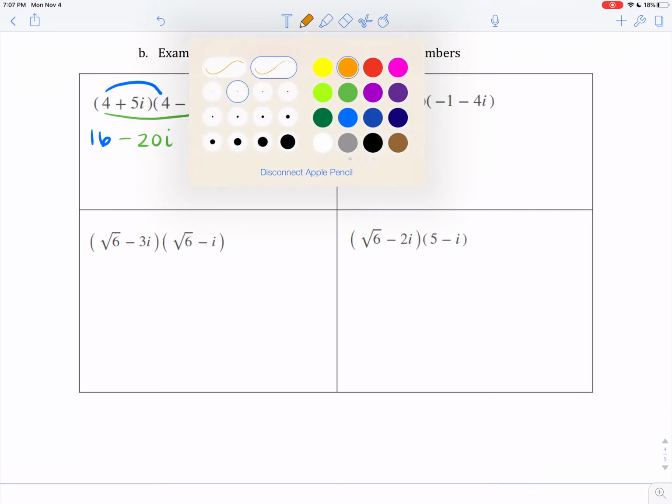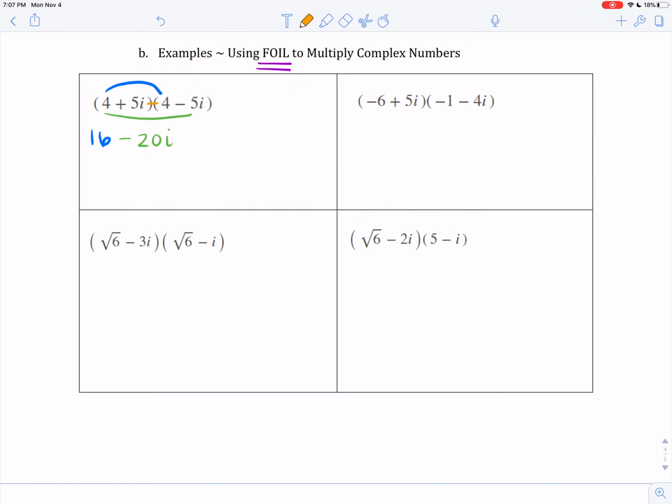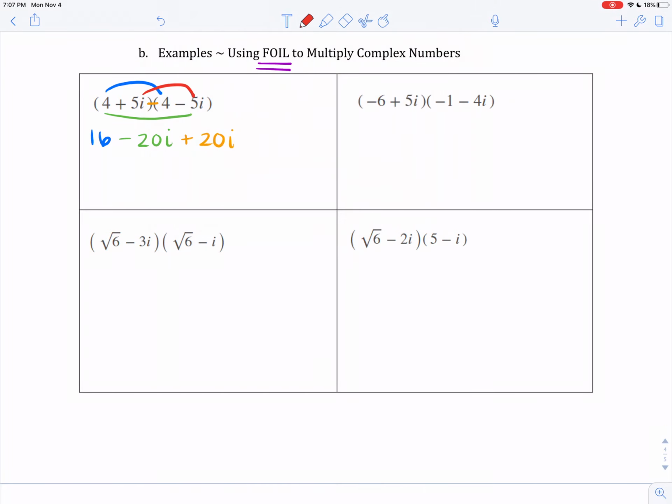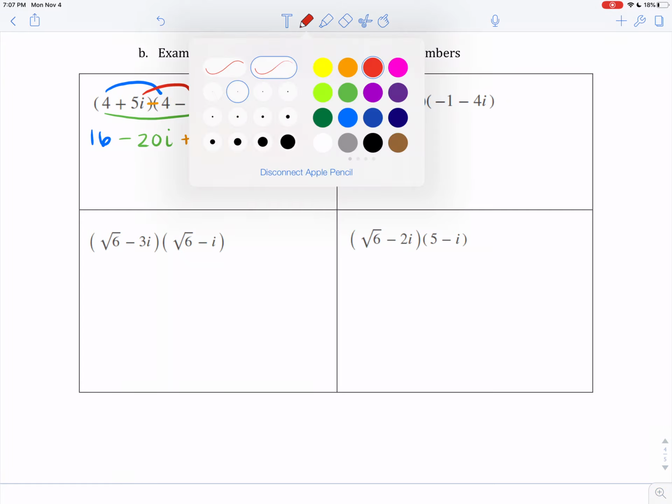Then I go to my inner terms. 5i times 4 is positive 20i. And then my last terms, 5i times 5i, that's 25, and then i times i, of course, is i squared.